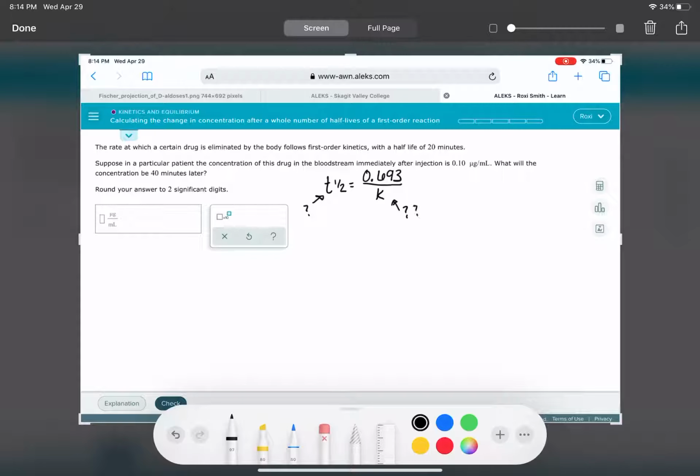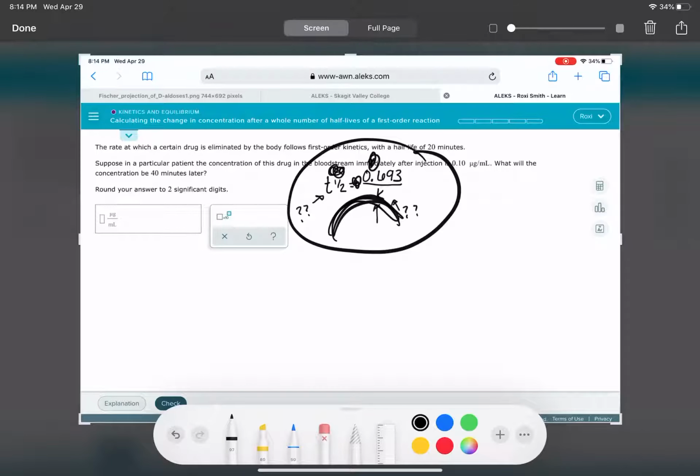And second of all, in order to use this equation, we need to know K, the rate constant, and that's not a number that's given to us in this problem. So if you're trying to use this equation, you're going to be sad because it is not the correct equation to use. You would use that equation only when it was asking something like, what is the half-life of a particular reaction?